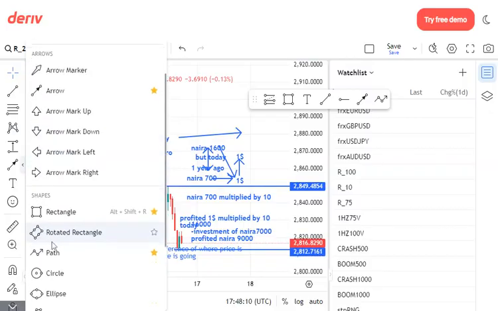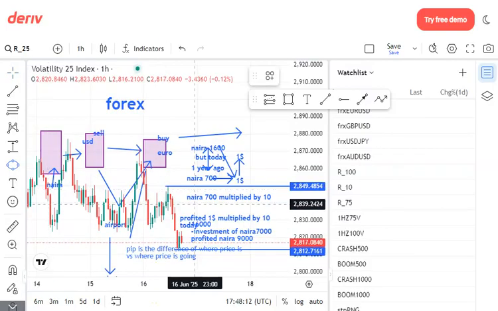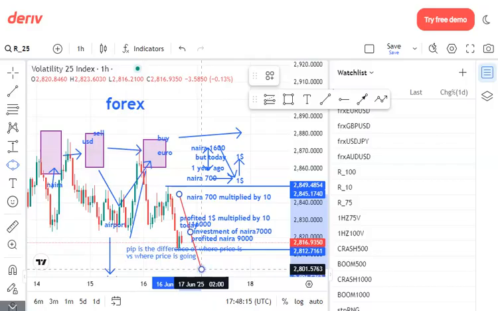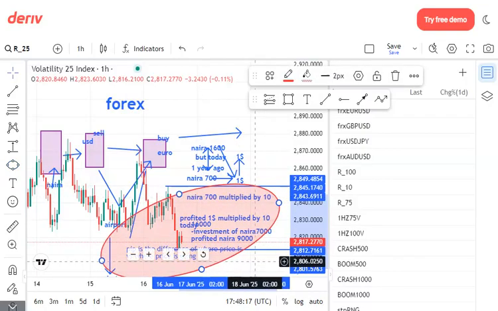Made this anticipated amount of money. So this is how you profit from this.